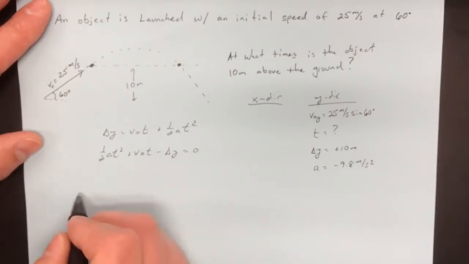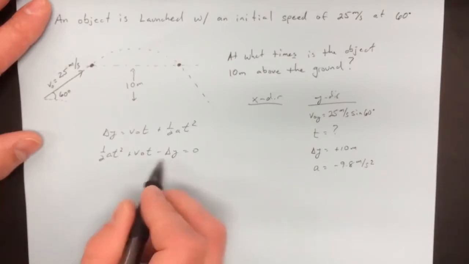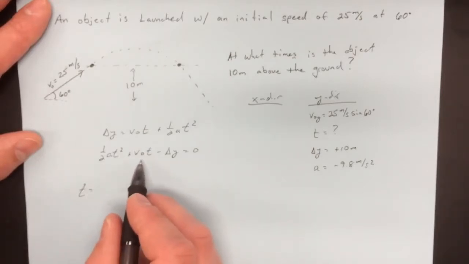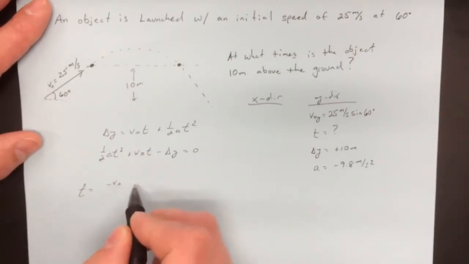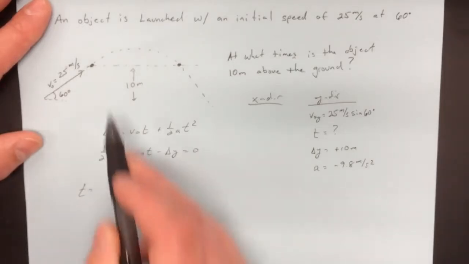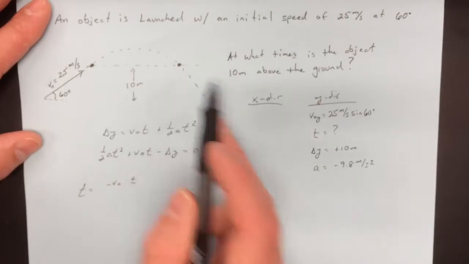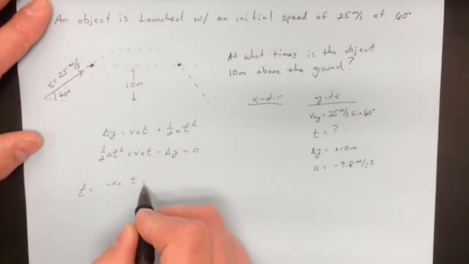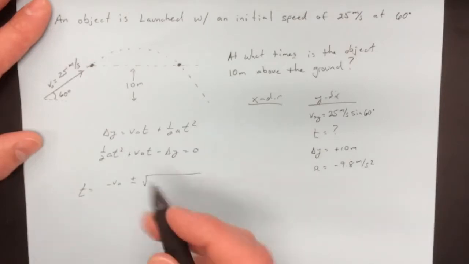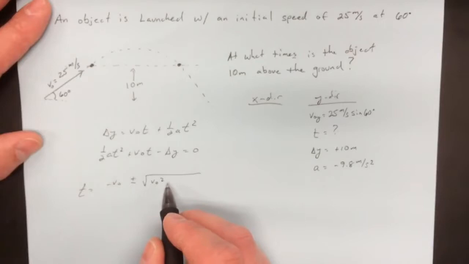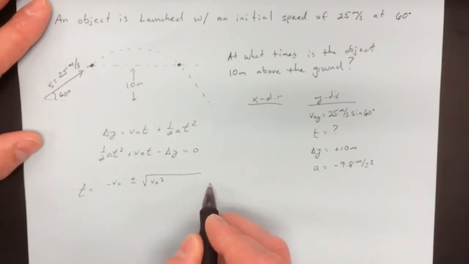To solve this quadratic equation, I have the quadratic formula, which is t is equal to negative b, so it's negative v naught, plus or minus. Remember, this is when it's going up, and this is when it's going down. That's what the plus or minus is standing for. It is a square root of b squared, which is v naught squared, minus 4ac.